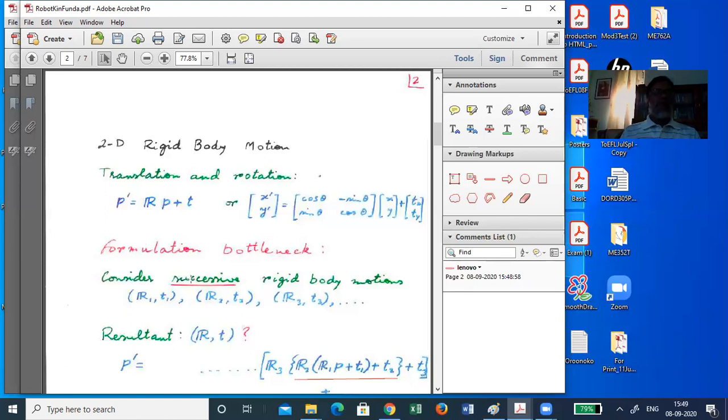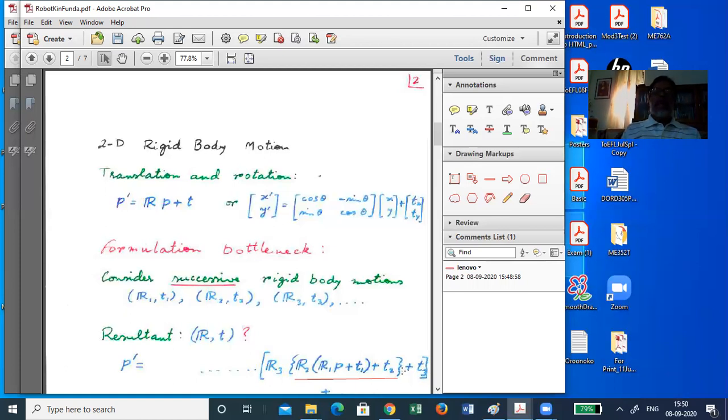To be sure, it is possible because the resultant R will be, in this case, R3 R2 R1, and the resultant translation will be, that will be ugly. It will be R3 R2 T1 plus R3 T2 plus T3. First of all, it will be ugly.